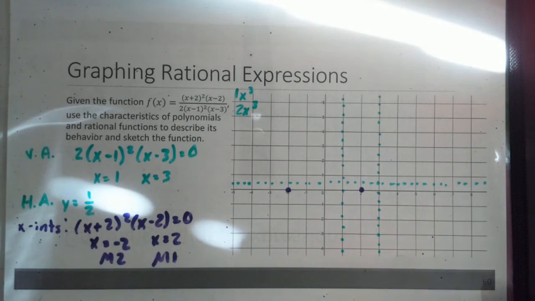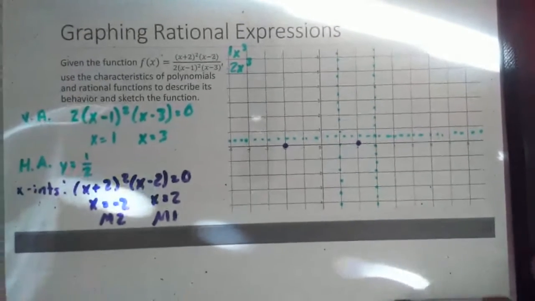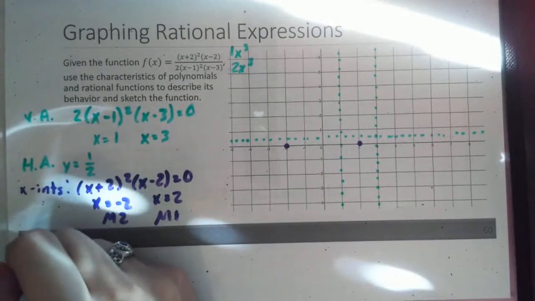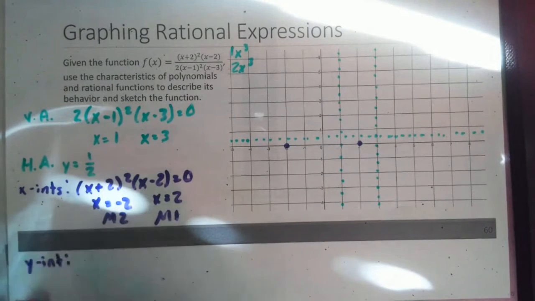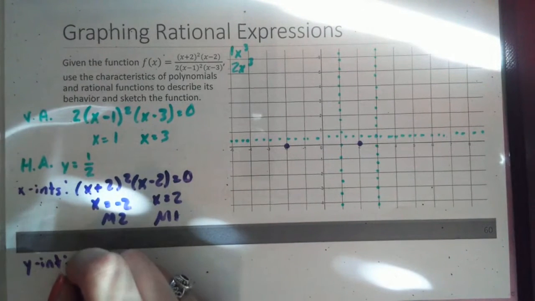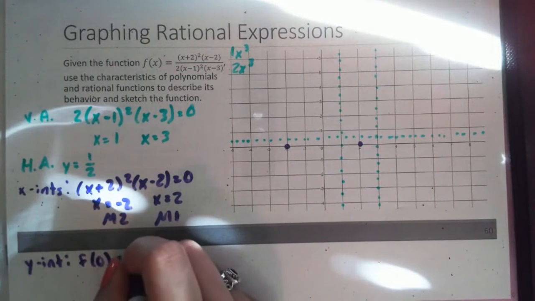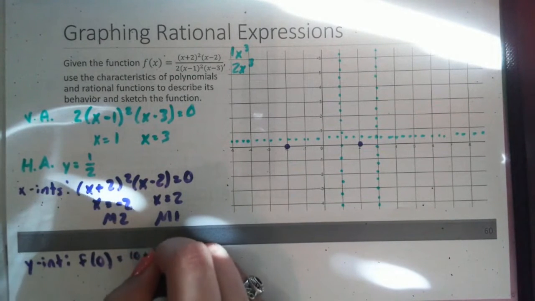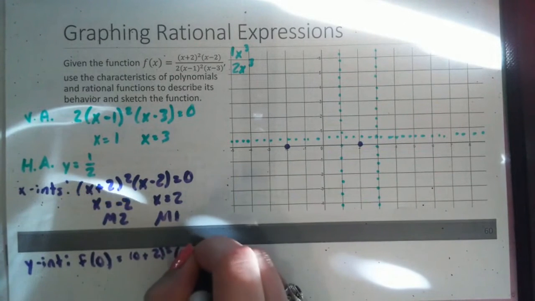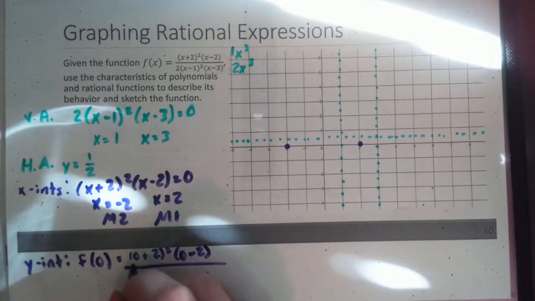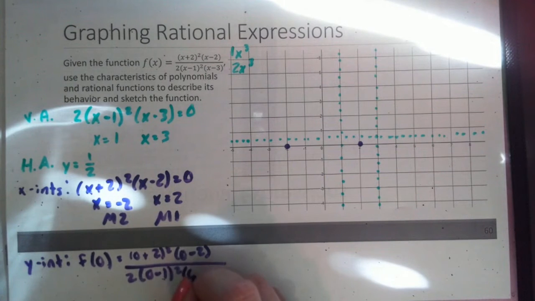I should also find my y-intercept, so let's move that up so we have some room. To find our y-intercept, we let x be equal to 0, and we get f of 0 is equal to 0 plus 2 squared times 0 minus 2 all over 2 times 0 minus 1 squared times 0 minus 3.